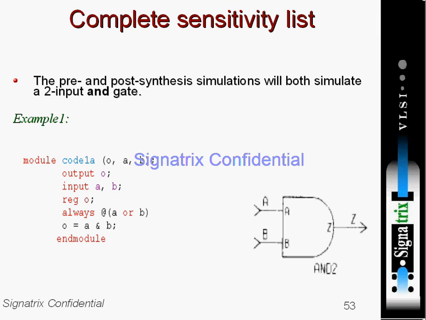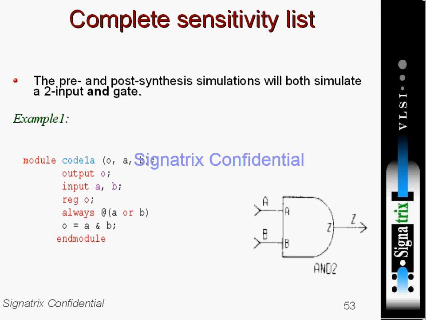And one more thing: always and initial both execute at simulation time 0. That's a very good question. Both always and initial execute at simulation time 0, but initial executes only once. It won't execute all the time.